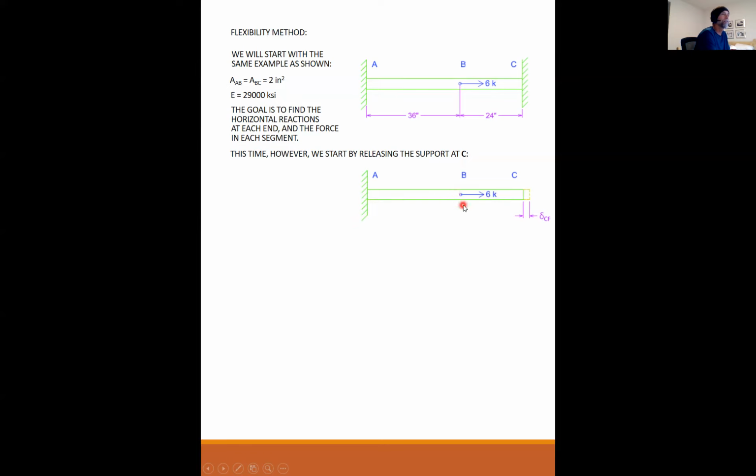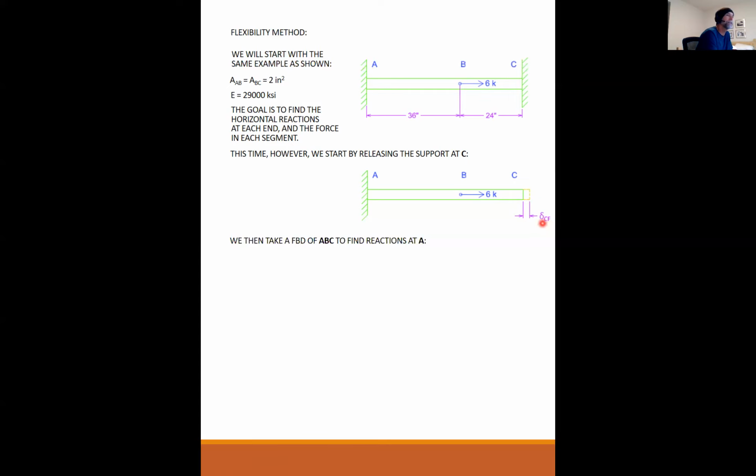So if we release the support at C, then we just have a free rod, 5 foot long, with this axial load, this point load on it. And with this point load on a rod that is free to deform, you're going to get some deformation out here at the end of C when you release it. So that's denoted delta C, and the little f there stands for free.